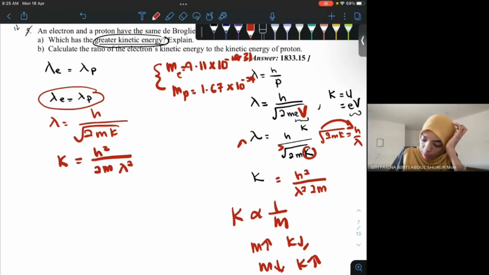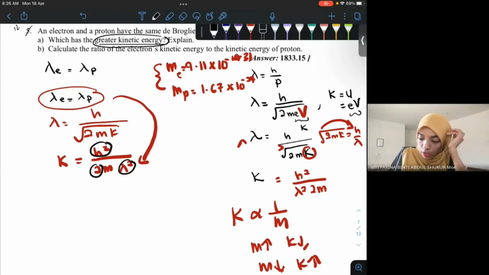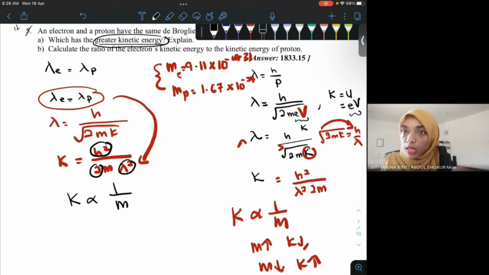Sebab lambda mereka sama, ini jadi constant. So ini constant. Ini pun constant. So your K only depends on your M in this case because we have the same lambda. So K is inversely proportional to the mass. Ini sebab we are talking about two different particles.